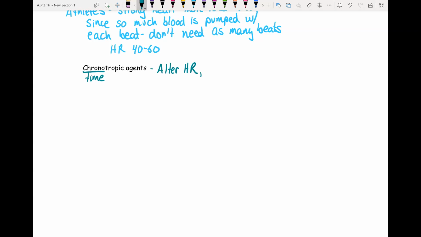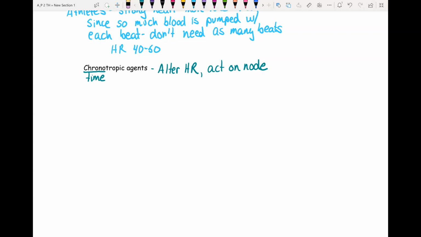So chronotropic agents are going to alter heart rate. That means they are going to do it by acting on your node. The node, remember, is in charge of heart rate. So chronotropic agents are any outside force that's going to stimulate the node and tell it to go faster or slower. Let's go back and review what's going on in the node. You have your nodal cell, and you have that cycle.